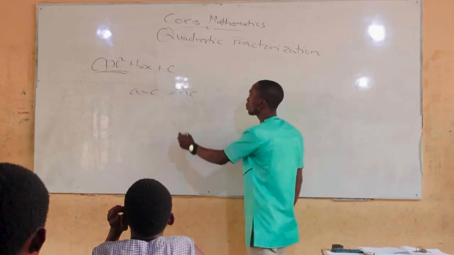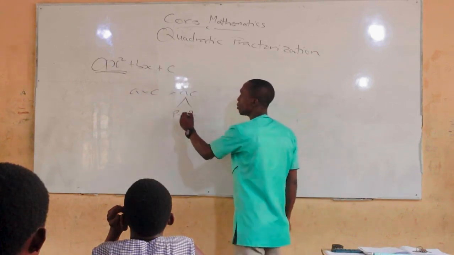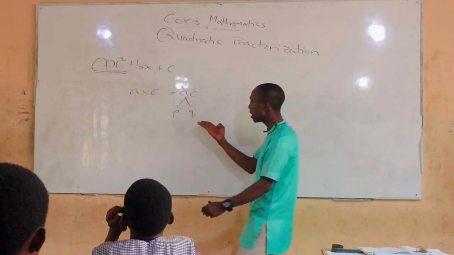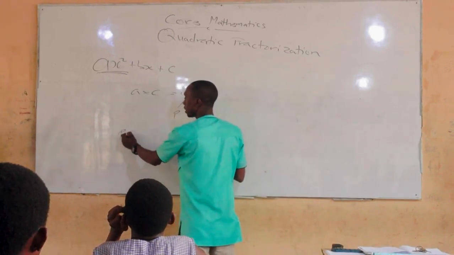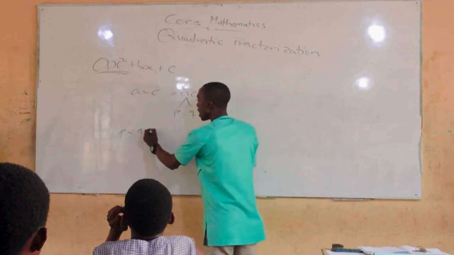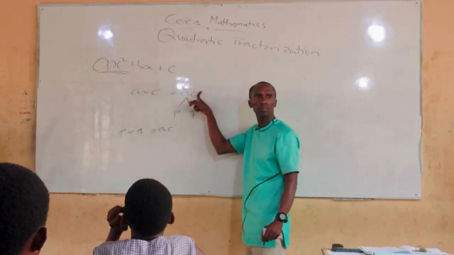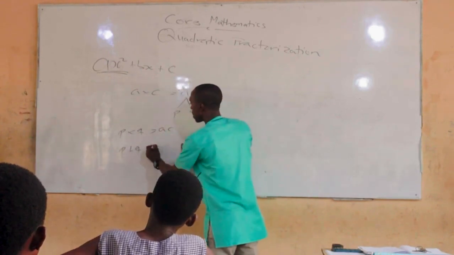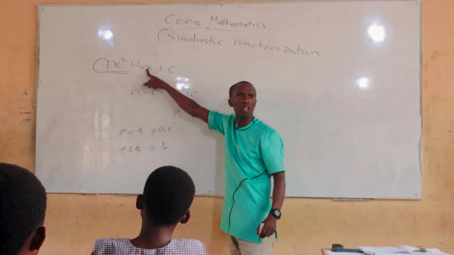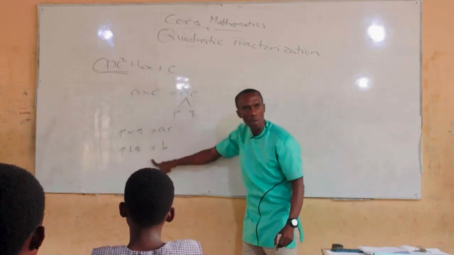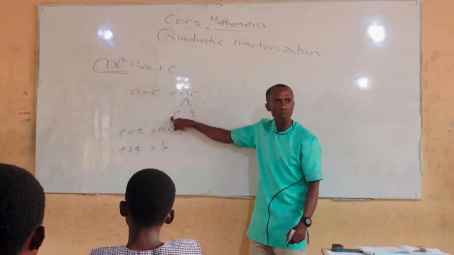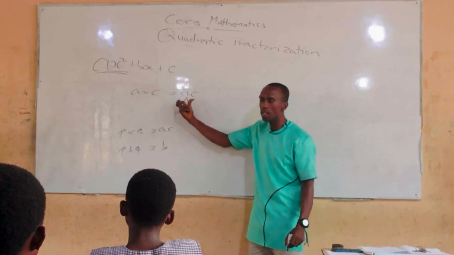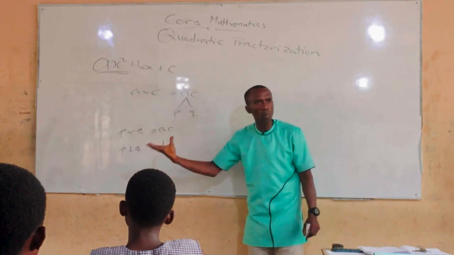So assuming these two numbers are p and q, then we expect that p times q should give us our ac. Then the same p plus q should give us our b. Do you understand that? If these two conditions can be satisfied by the same p and q, then we say the equation or the expression is factorable by inspection.